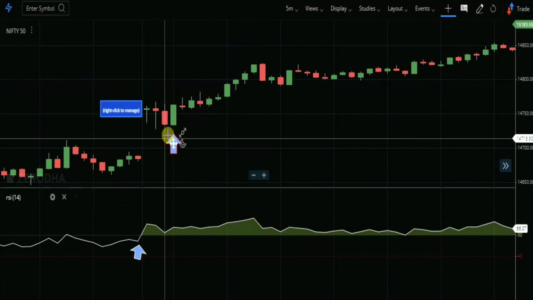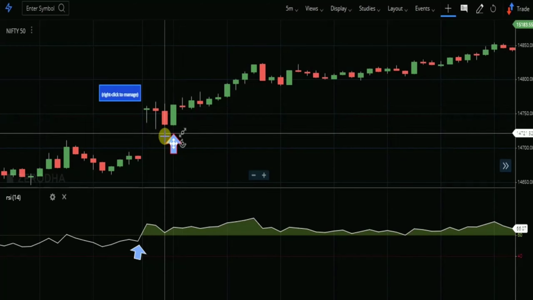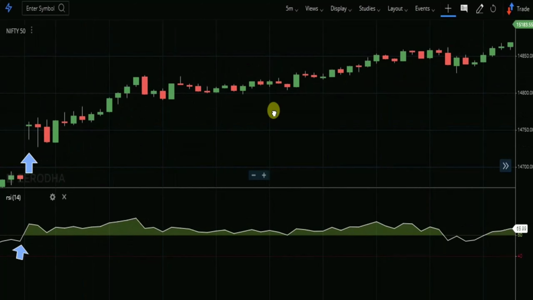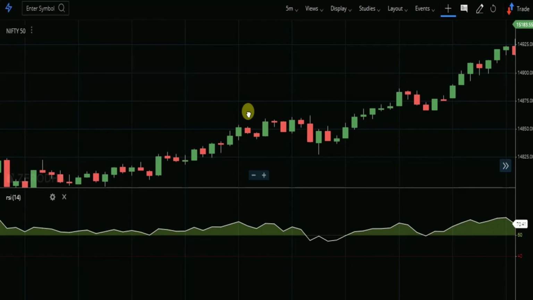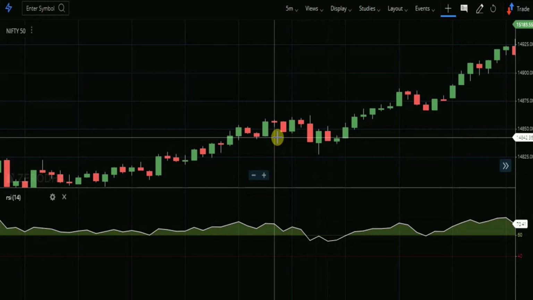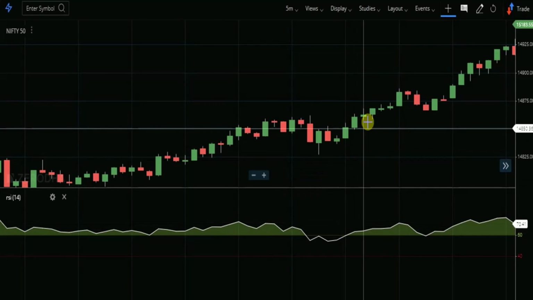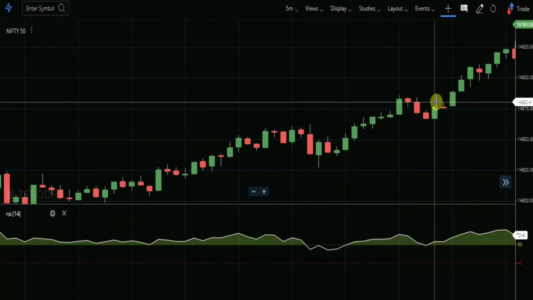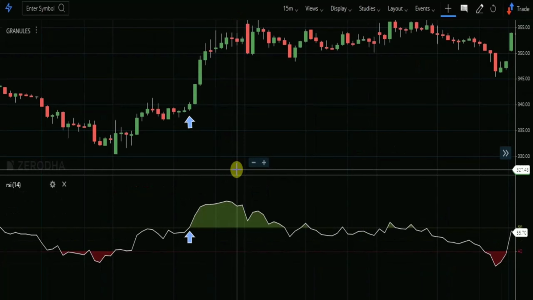So as soon as the RSI went above the 60 level, we started moving up as price started showing momentum, and it stayed there for a couple of times. Now you can see RSI came down below 60, again went to the upside, again went above the 60 level. So that is a positive momentum zone, and then price also followed the same, as you can see, and it stayed there for a long time.